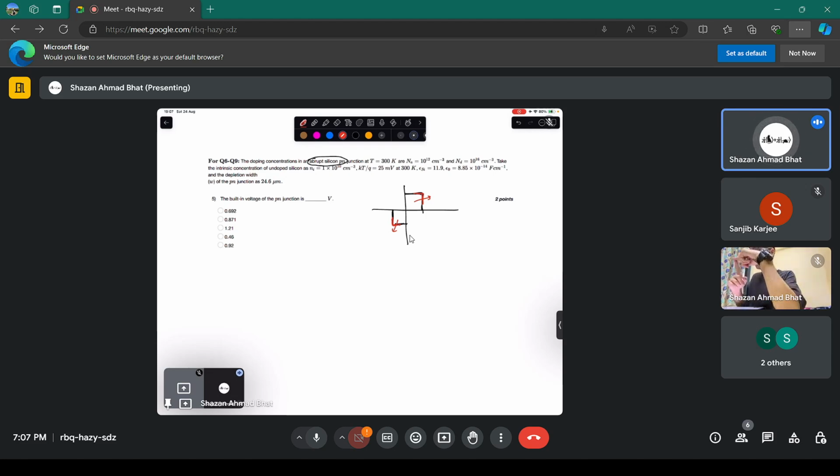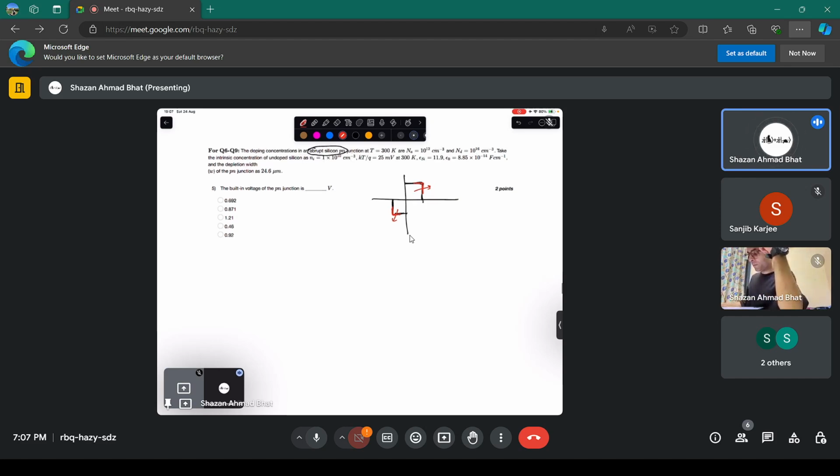You don't get these sharp edges in real nature because you cannot differentiate at these particular edges, and you cannot do other things. Maybe you will learn that in higher classes. These sharp edges are not a natural trend. So this is Q times ND, this is Q times NA, this is XN, this is minus XP, this is 0. So this is a silicon p-n junction with a sharp profile.